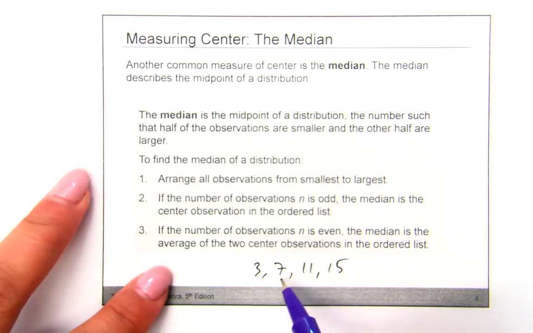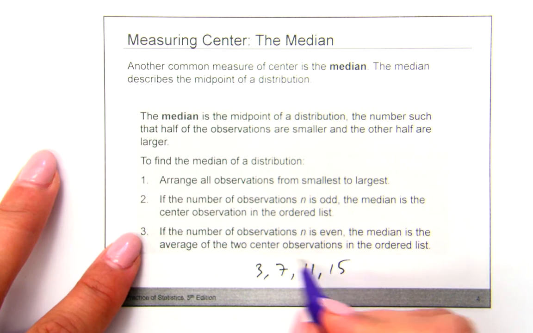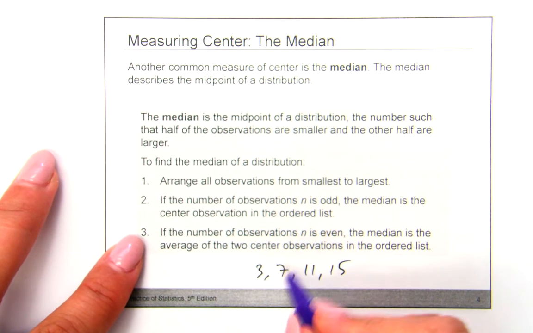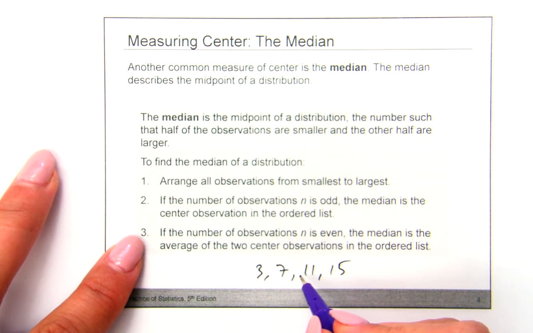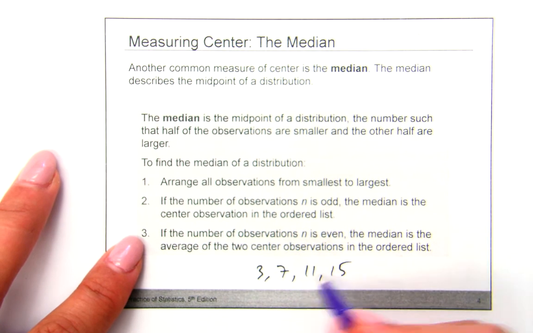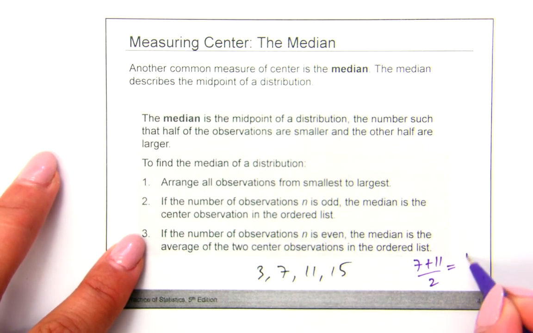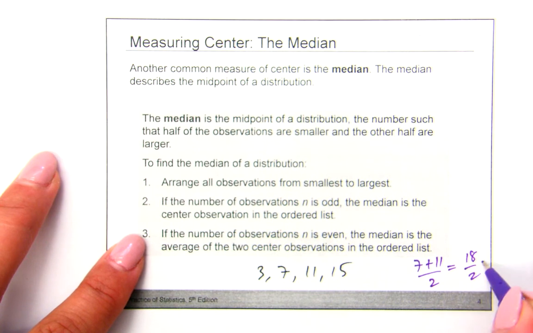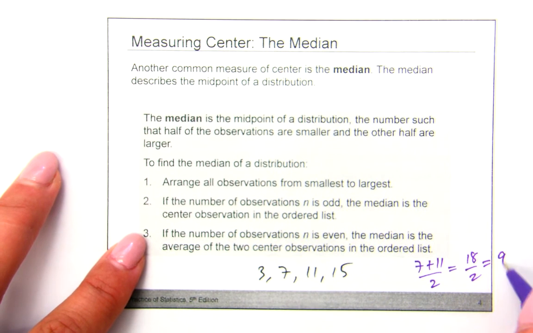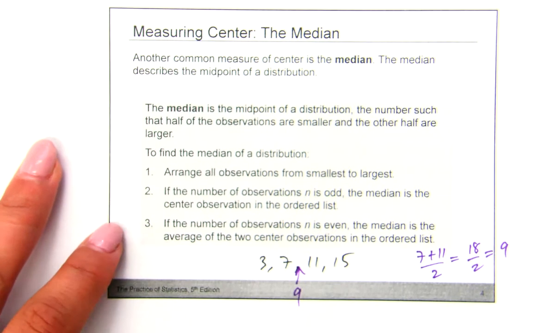You're stuck between a 7 and 11, so you find the mean of those. In order to find the median, you're using a little bit of the concept of the mean. So 7 plus 11 is 18, divided by 2 is 9. So my median would be a 9.